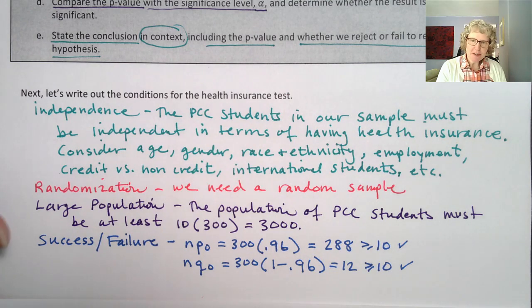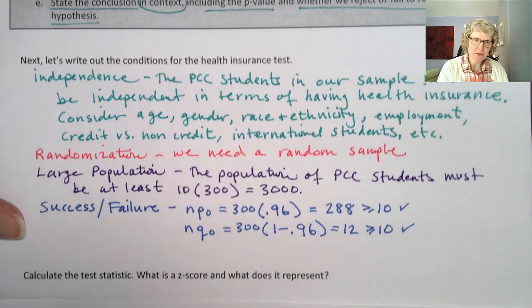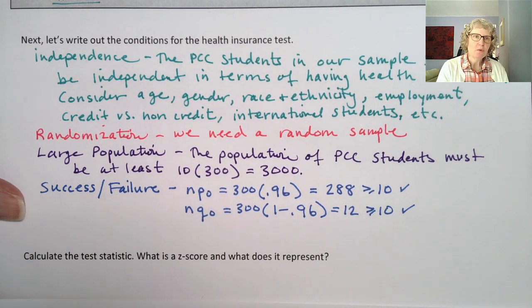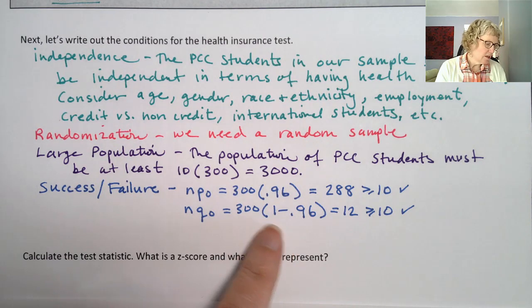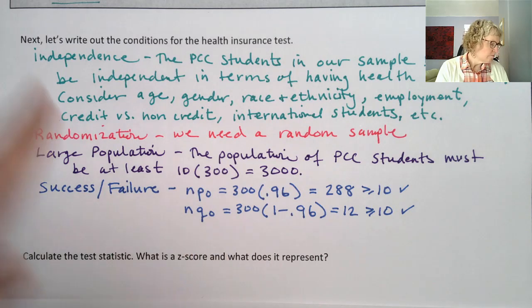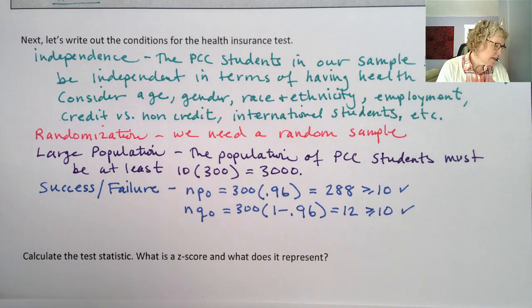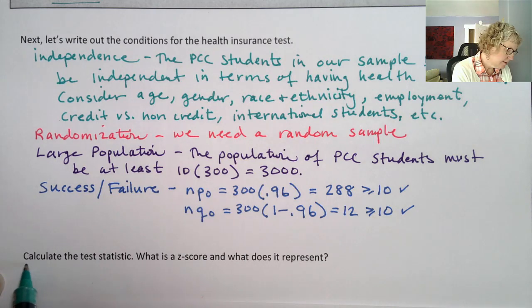Great. Let's just finish this page and then we'll do a new video for the next page. So we're still in our process. We just did B, which is checking the conditions using the null value. And then C is writing our observed statistic, which we actually did, but I'll repeat it here, and then calculating our test statistic.